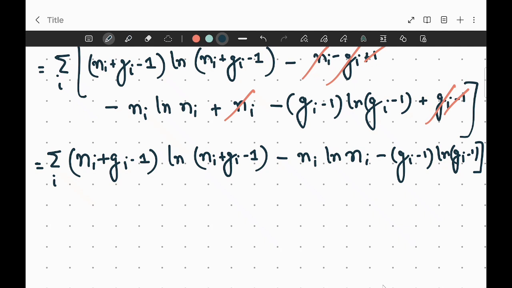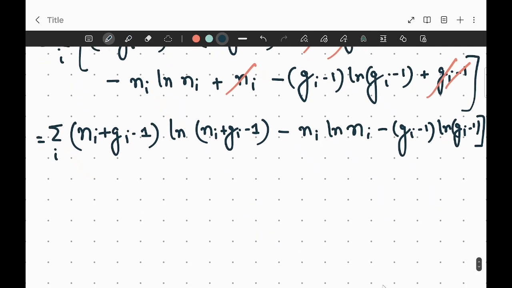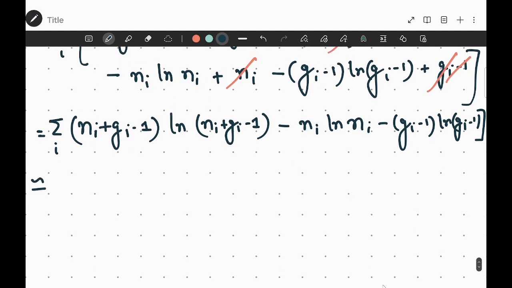Yes. Okay. So here one approximation we usually take, and if you take that approximation, then the calculation will be easier. We can ignore the 1 because ni and gi are huge numbers.